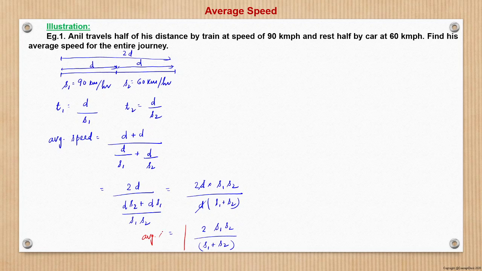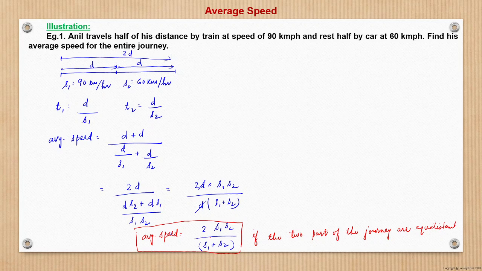So average speed is equal to 2 s1 s2 upon s1 plus s2 when the two parts of the total journey are equidistant.